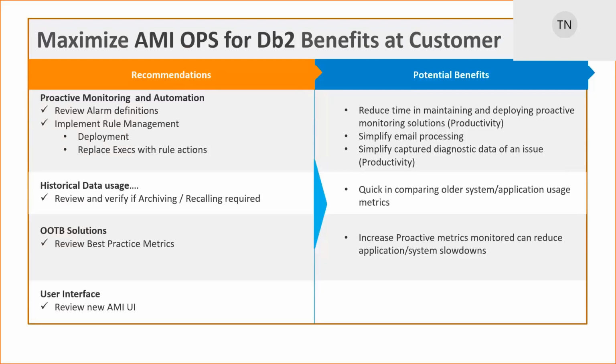They want to remove some execs, and we can show them a way to do that, given the clutter of those email execs. Out of the box, we definitely want to review what seems like a low usage of best practices. We just want to talk to them about that and make sure they've got everything covered. And for the interface, we're recommending the new UI. It's HTML5, it does a lot, and we think they'd get a lot of benefit out of it.